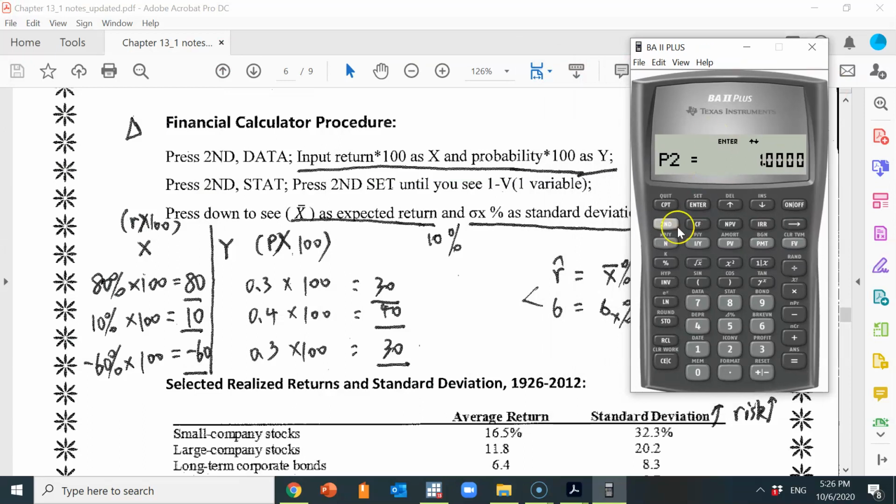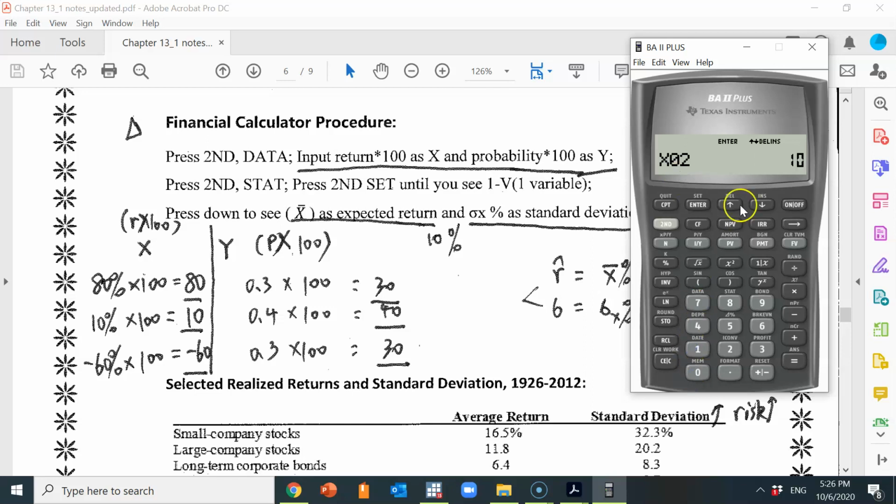Okay, so I can press second data, which is number 7. Okay, and then I see x1, it's gonna be 80. The return in the good economy multiplied by 100. Enter. Down button. Y1 should be the probability for such economy. It's gonna be 0.3 multiplied by 100. So I input 30. Enter. Down button. X2, return in the normal economy multiplied by 100.